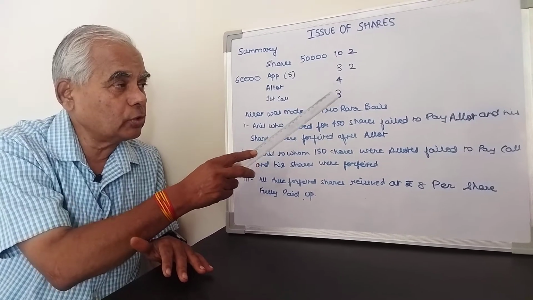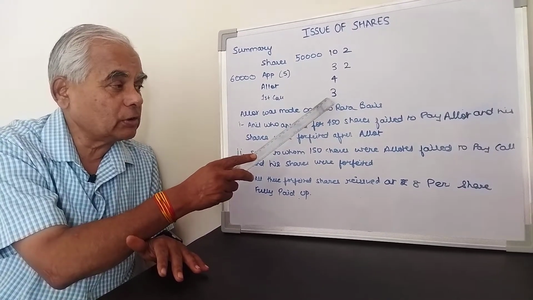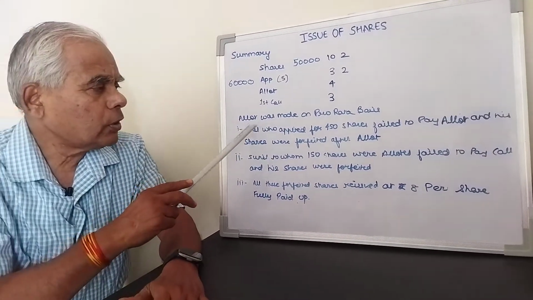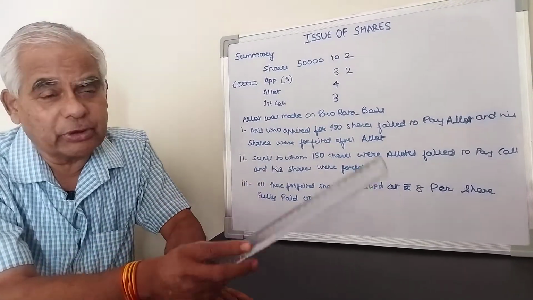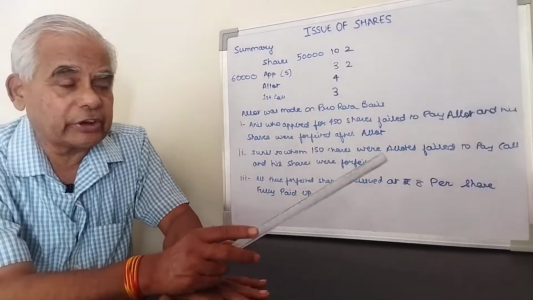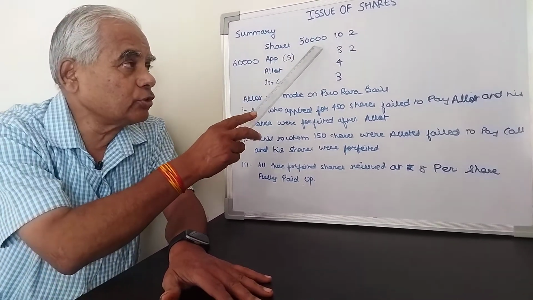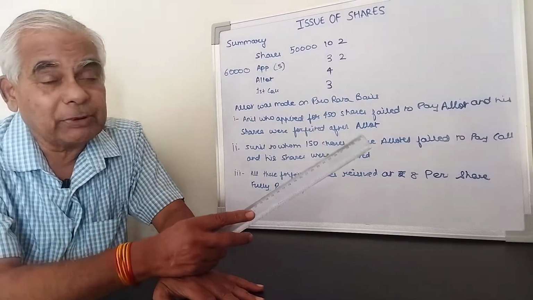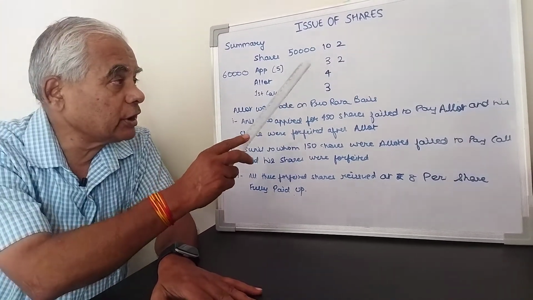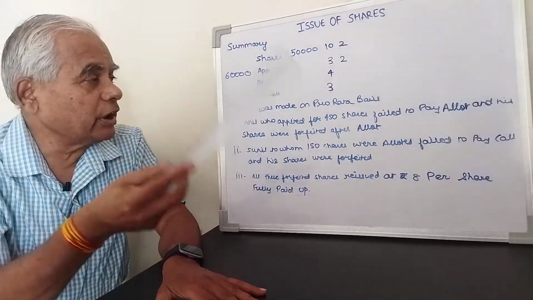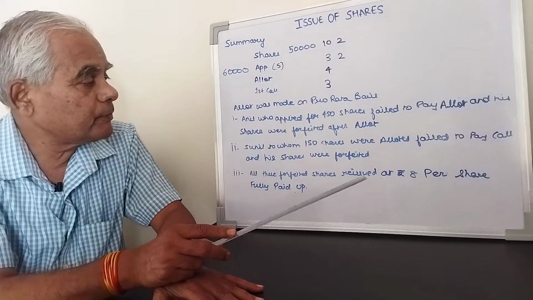On allotment 4, on first and final call rupees 3. Allotment was made on a pro rata basis. No rejection: for 60,000 applied, shares issued 50,000, surplus application money 10,000 into 5 is transferred to the next call, that means allotment.